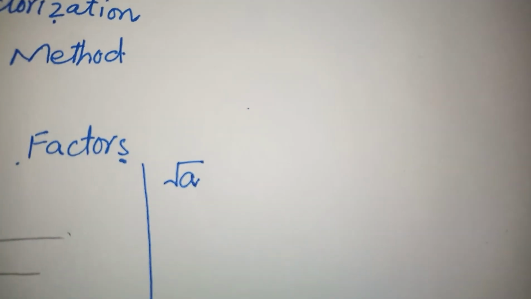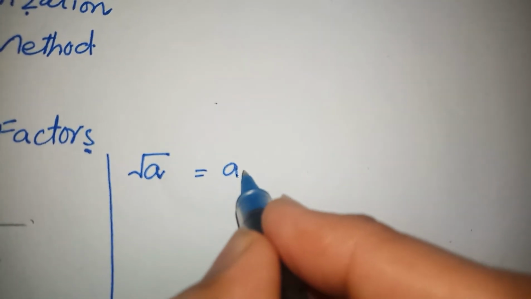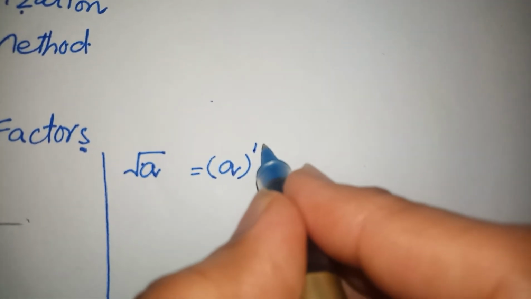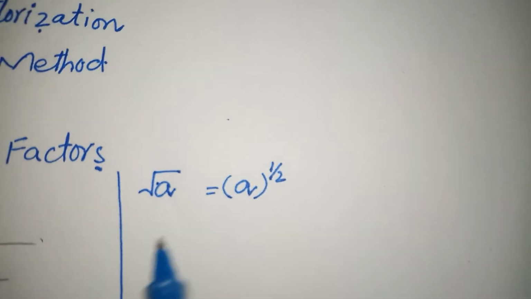The square root of a means that a has a power 1 by 2.